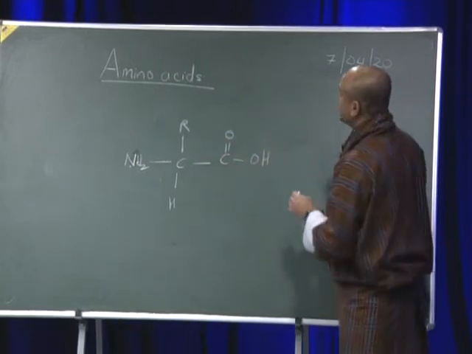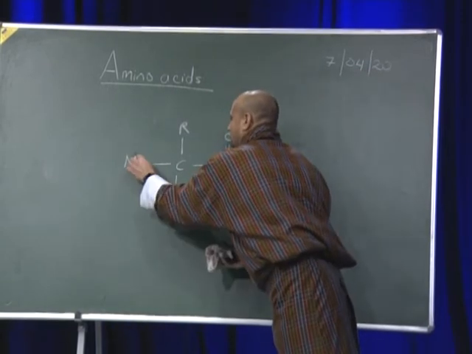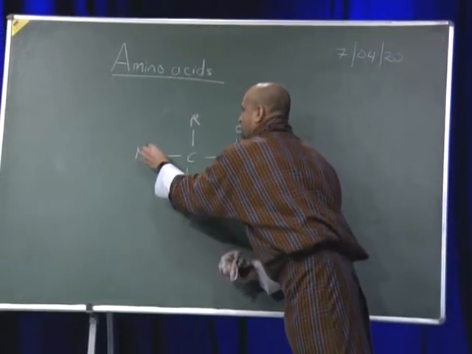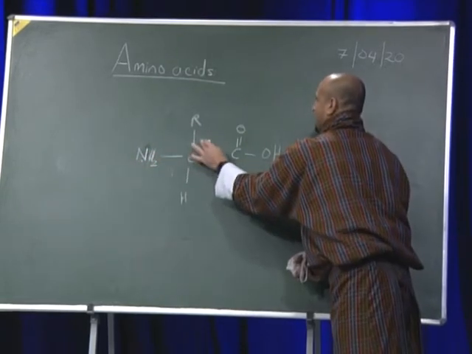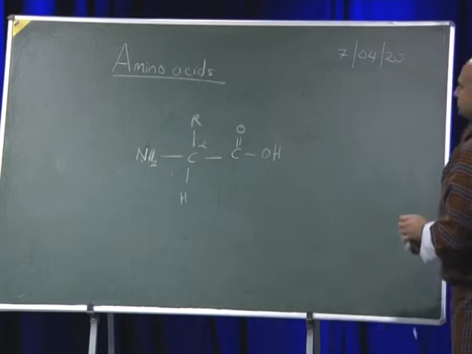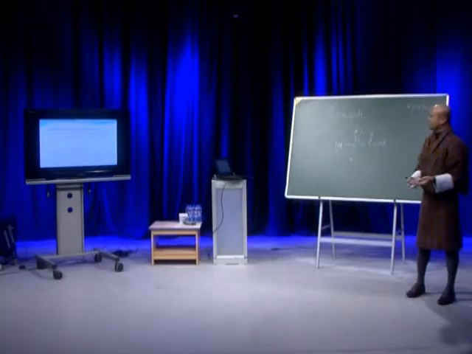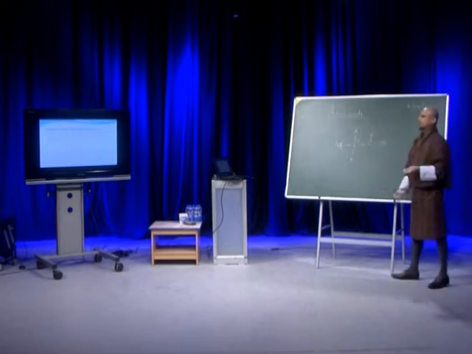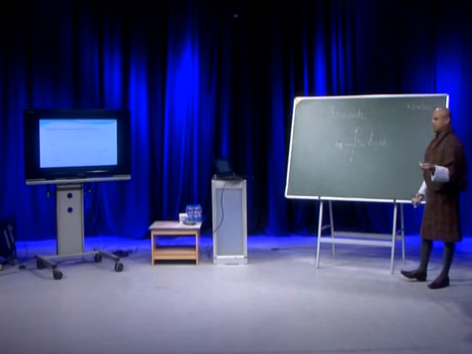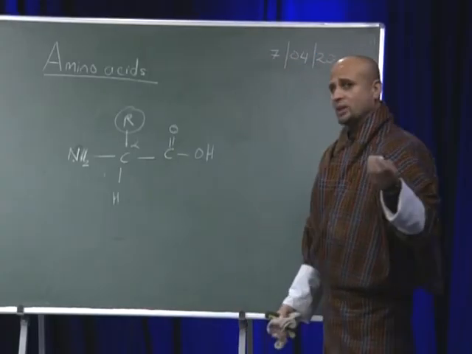So we have both functional groups, amino group as well as carboxyl group. This is our alpha carbon. Now, this alkyl group can vary. Different amino acids will have different alkyl groups. The lowest one, glycine, has H. Other than that, it will always be an alkyl group. It can be methyl, ethyl, or butyl, as I have already explained before.